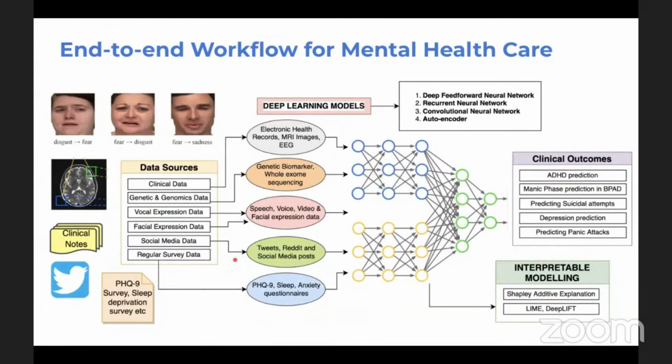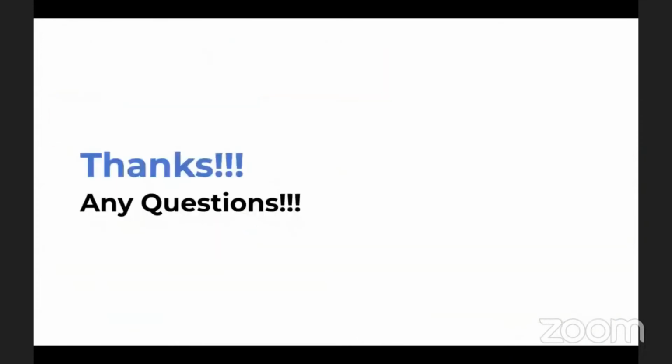All these things can be structured and fed into the model, and accordingly we can do prediction. It's definitely very critical. There are certain ethical issues and lots of legal issues, but this is one direction in which mental health is also going to proceed.